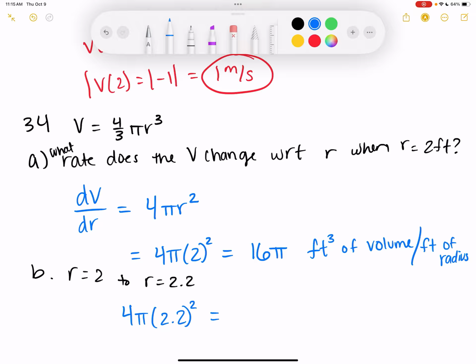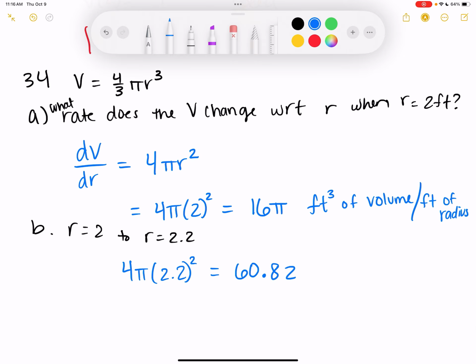So for this one, I get 60.82. I think they're going to 2 decimal places. Yeah, that's fine. And then this one up here, 16 times pi was 50.27.